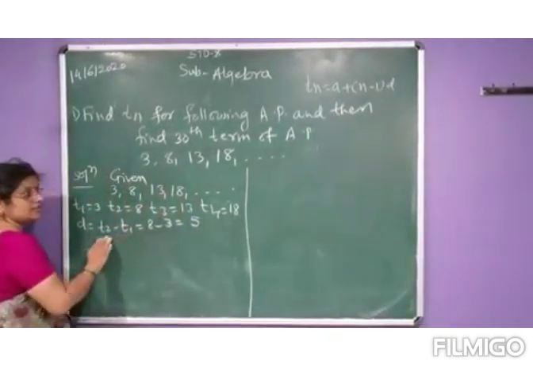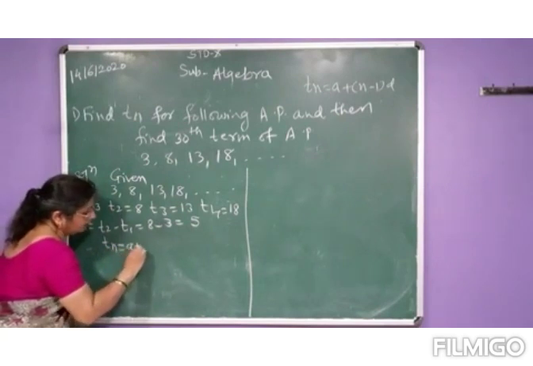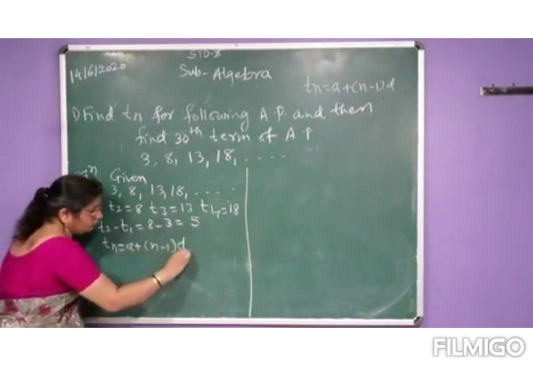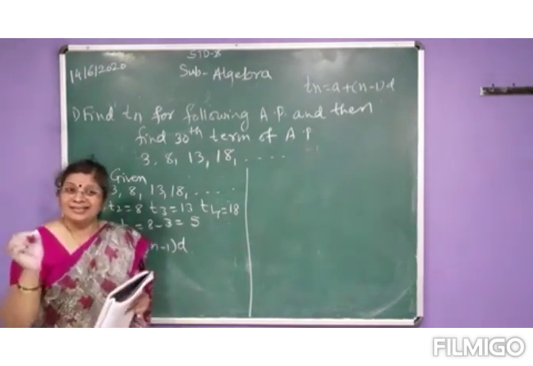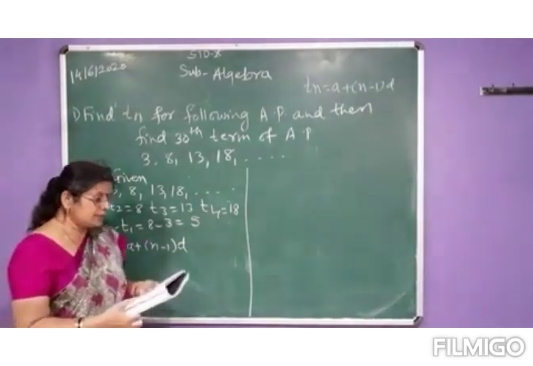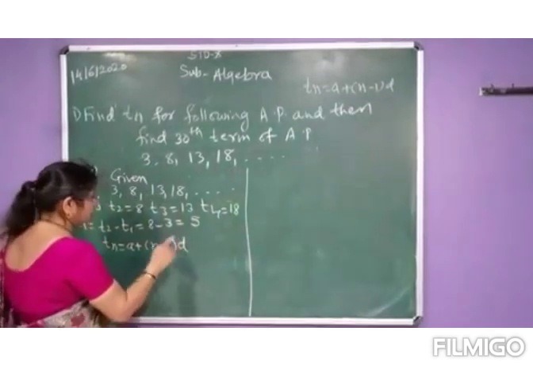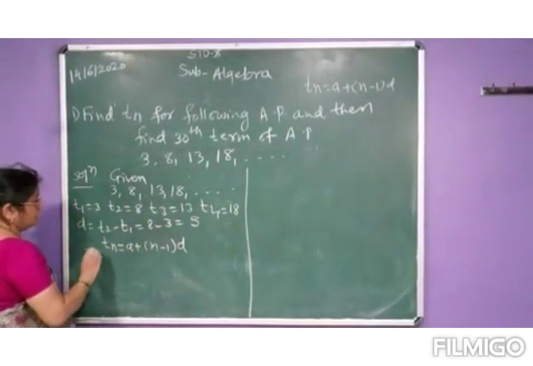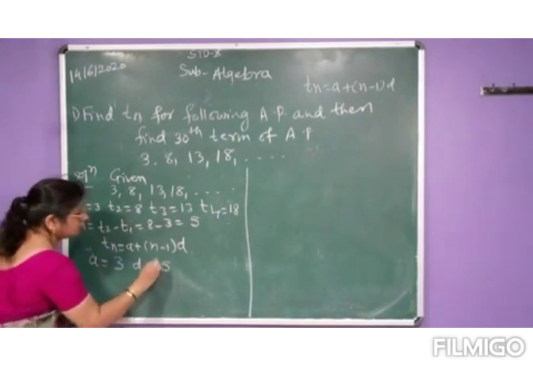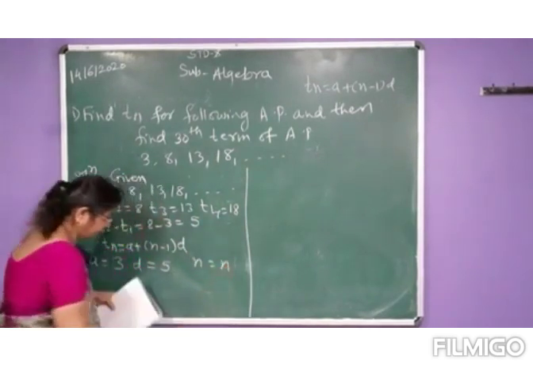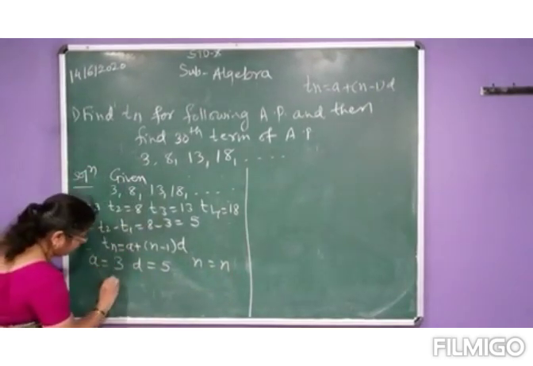Then, as I told you, always write the formula. Tn is equal to A plus n minus 1 into D. Now what do we have to find first? Find Tn. Correct? That means n is n only. Your A is 3, D is 5 and n is equal to n. So wherever n is there, you substitute the value of n only.